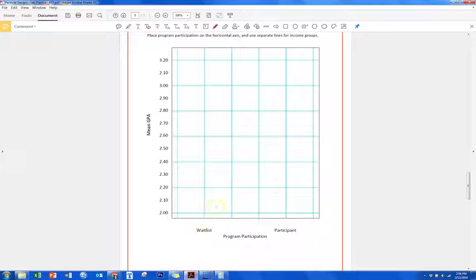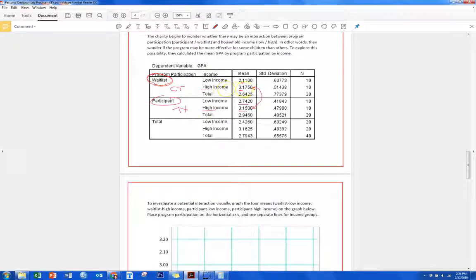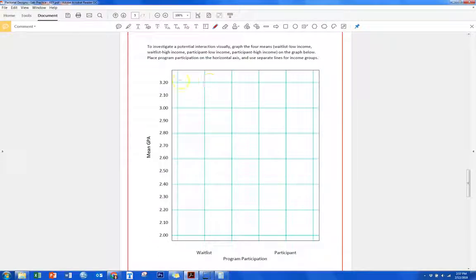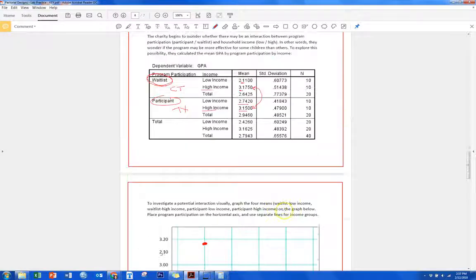So the high income kids on the wait list, their mean was 3.175. 3.175 would be, let's see, that should be a 3 right here. So 3.175 is going to be right around here. So these are high income kids on the wait list. What about high income kids in the participant group?